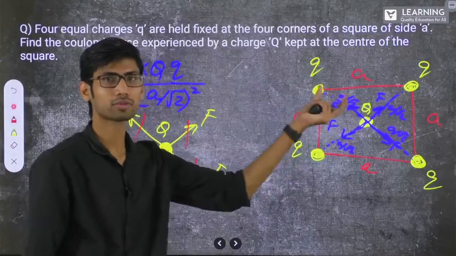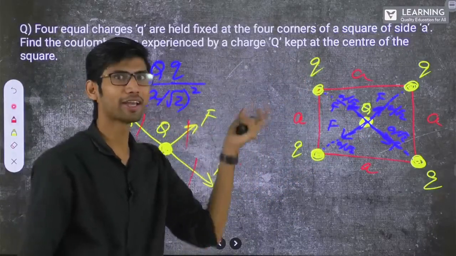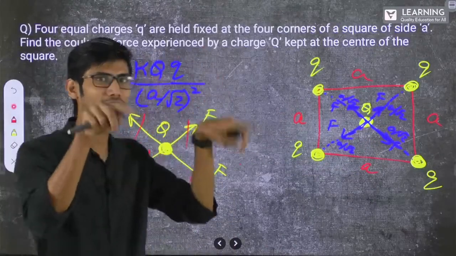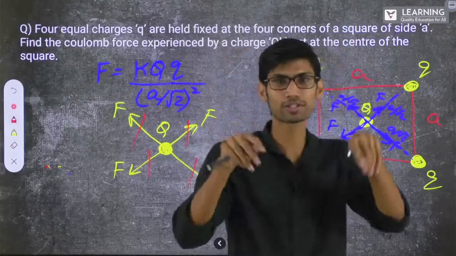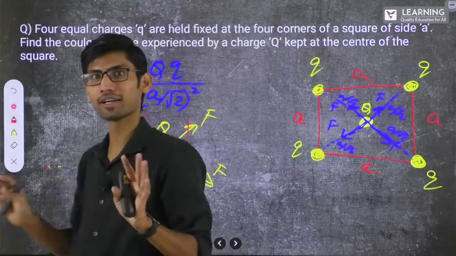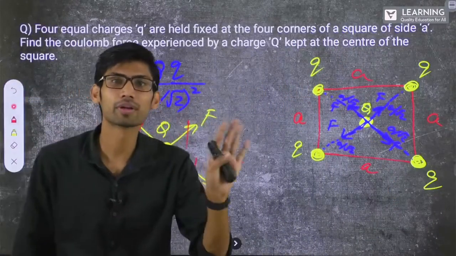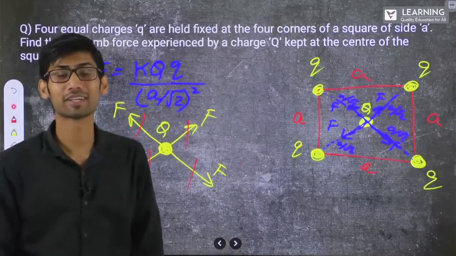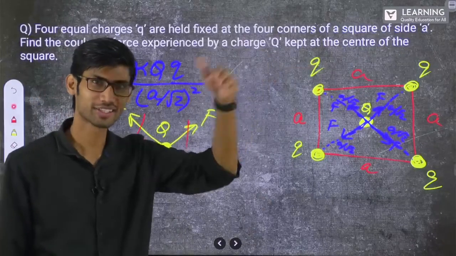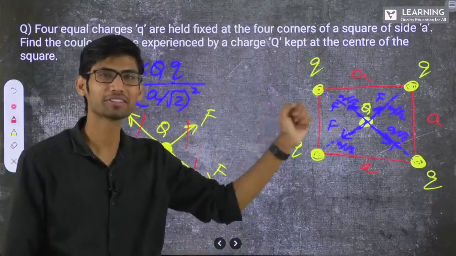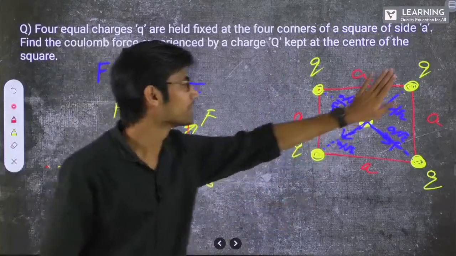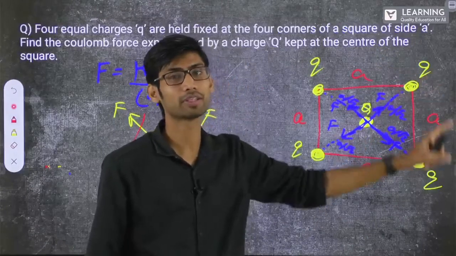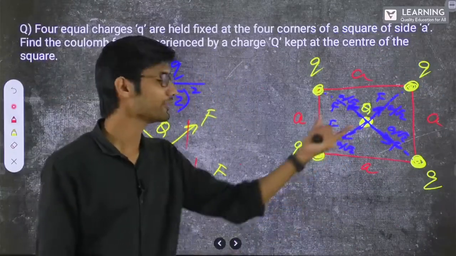Now sometimes what they do is, a child always remembers that if I get a question like this, where in the four corners of the square there are four charges kept and there is a charge at the center, the net force is 0. Don't remember this, because this question can come with different variations. They also know that the child has remembered it, because every teacher will tell this. They will remove this charge and keep a minus Q here. Now the moment they keep a minus Q here, F net is not 0.